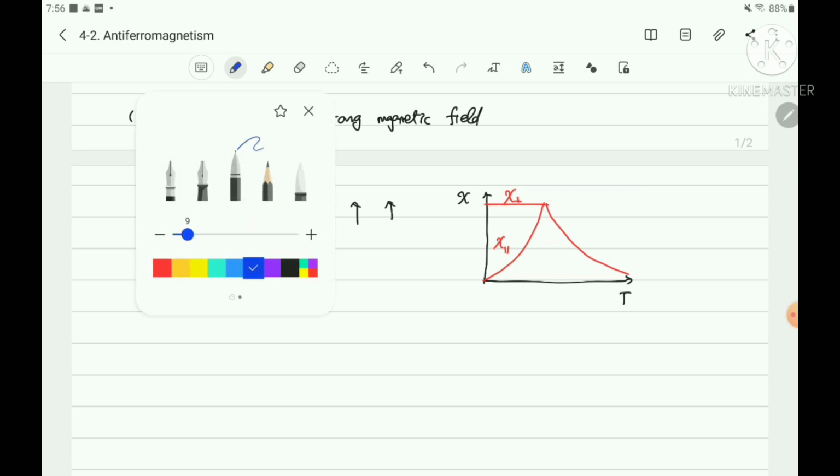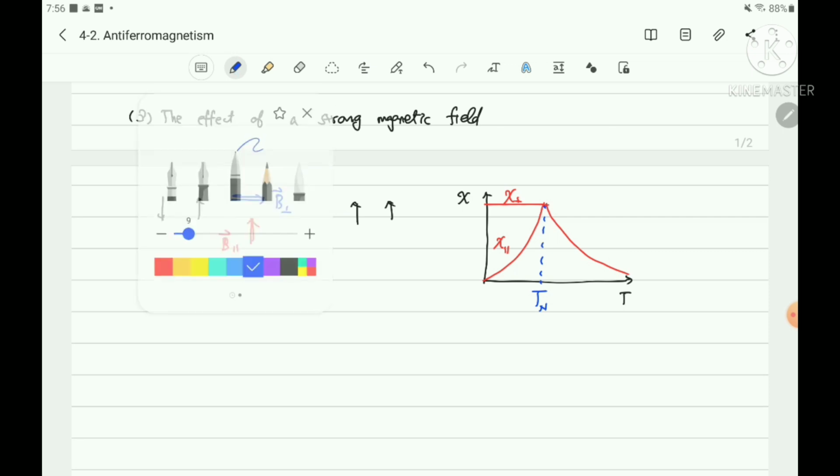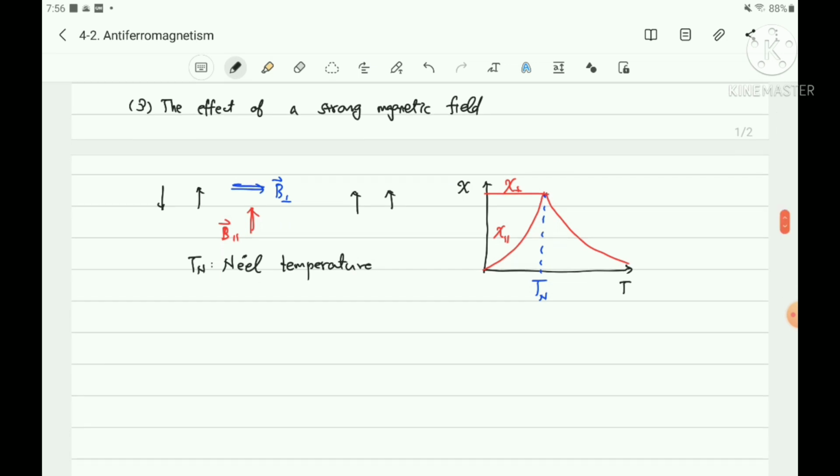And also, it is a critical temperature, the Néel temperature, T_N. Here Néel is the name of the French physicist who studied this. Below the Néel temperature, because of the antiparallel spin alignment, the magnetic susceptibility decreases like this.